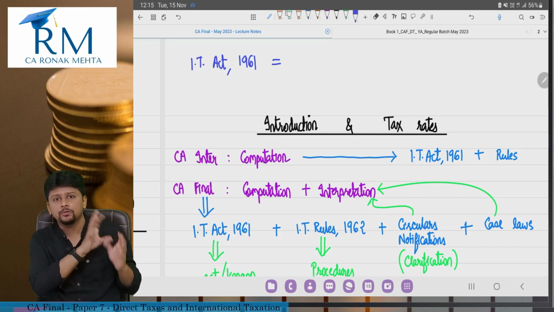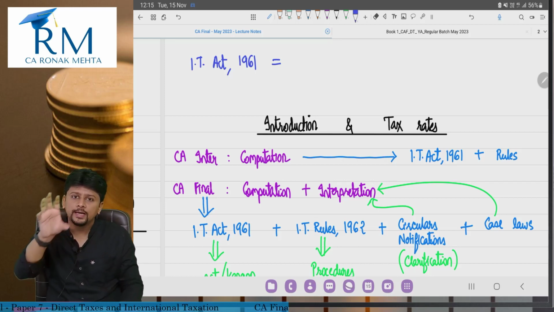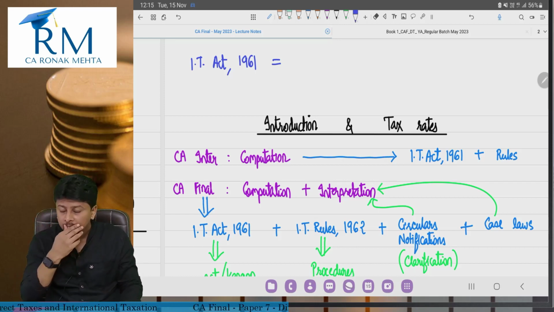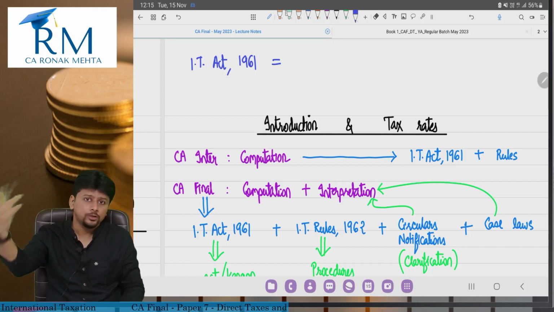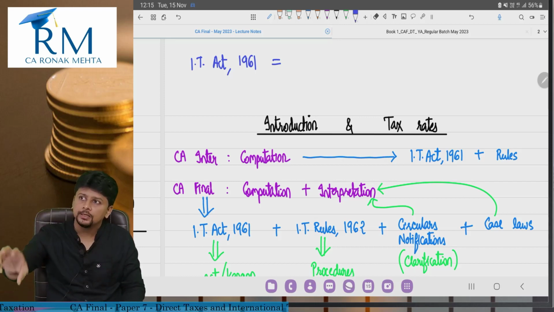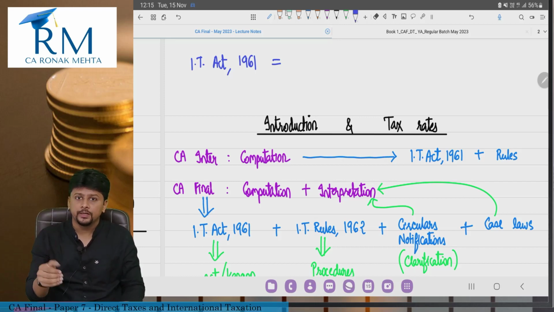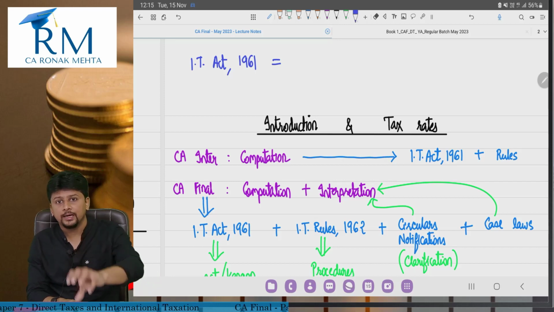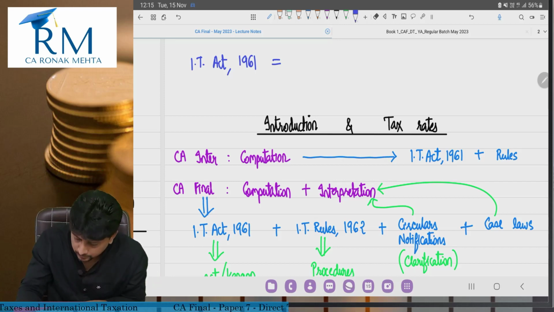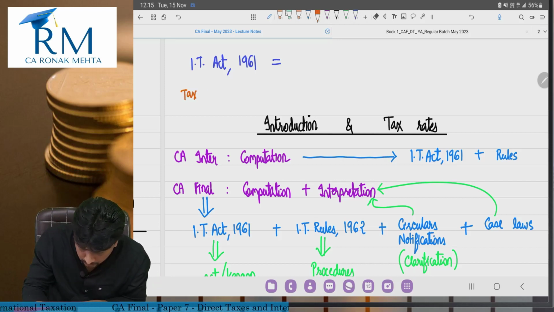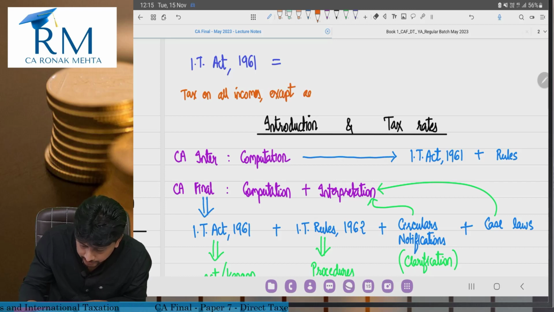The Constitution of India gives power to the government to frame a law. So income tax is covered in the union list, and in the union list power is given: you can impose tax on all incomes except agriculture income.